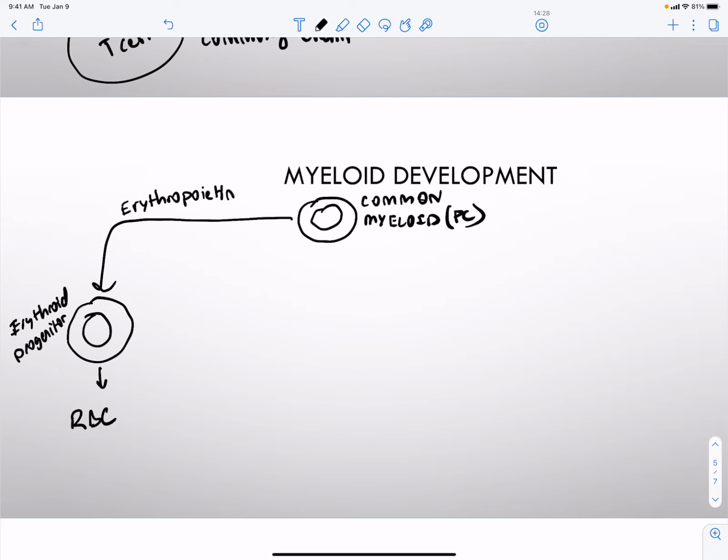You can also have thrombopoietin. And thrombopoietin is also referred to as platelet growth factor.